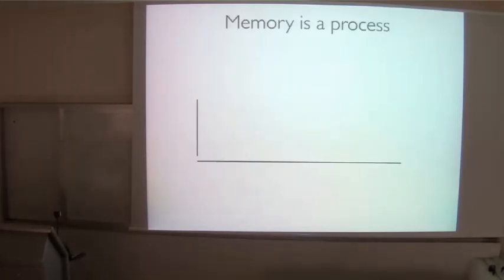Okay, it is important to realize that memory is a process. It's not like a computer memory in a sense, and it has a time course, and again, we're trying to impose all kinds of things on that. So people usually split it into acquisition and consolidation.